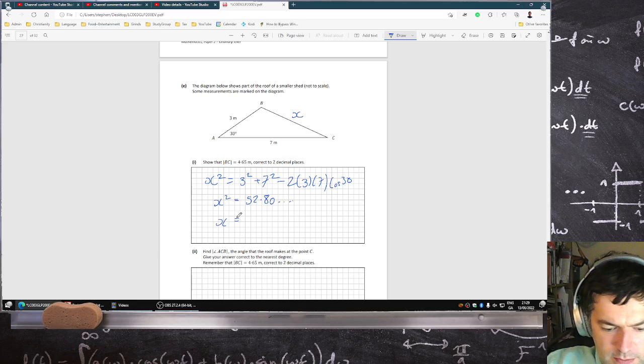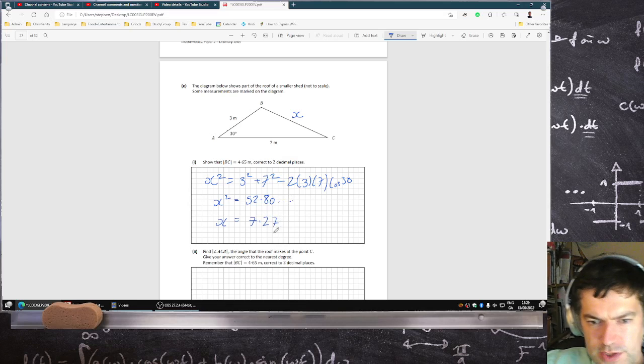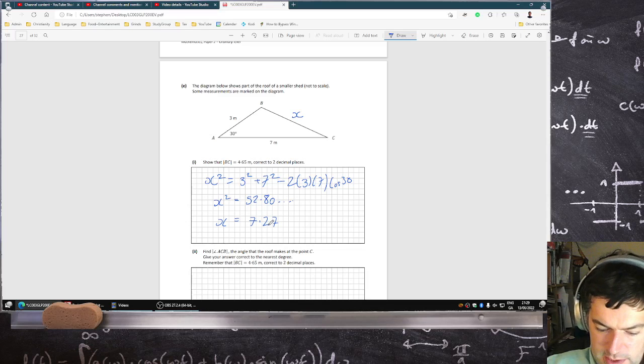So take the square root of that answer to 2 decimal places, you get 7.27, which is wrong, which means I've typed it in wrong. 3 squared plus 7 squared minus 2 times 3 times 7 times cos 30.